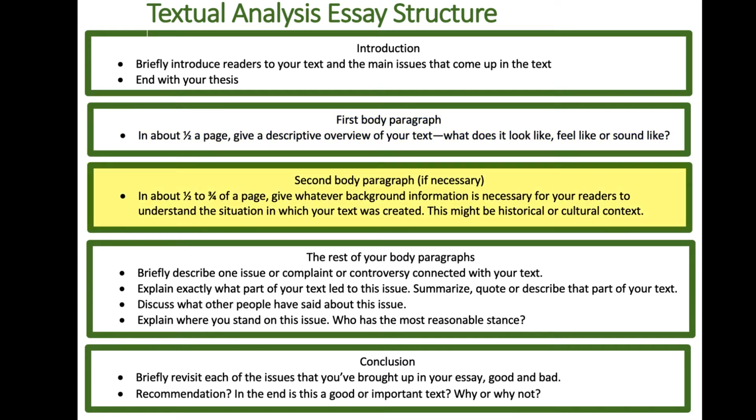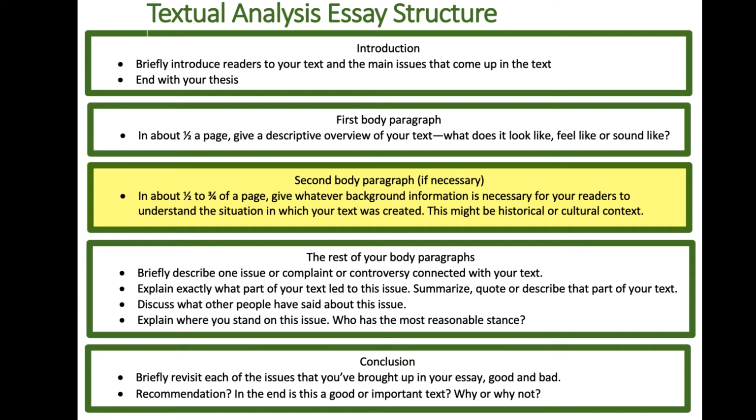Then, remember we talked context. What kind of background information is necessary for your readers to understand your text? If you're discussing a text that depicts some historical event, you're going to need to give us that history from a history book, some independent source, something outside of your text.